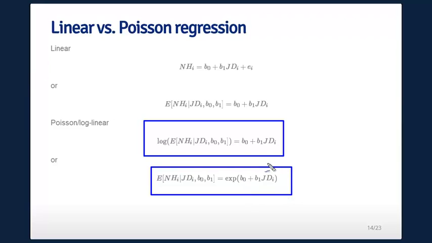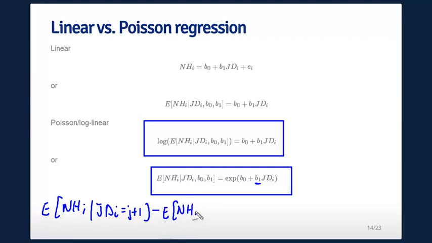Okay, now notice from this equation how we might interpret beta 1, right? So we might say expected value of number of hits for a Julian date equals, let me just say j plus 1, minus expected value of number of hits given the Julian date equals j, right, that works out to be b1, right?